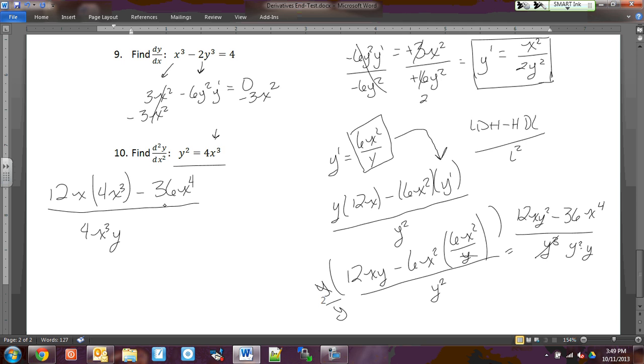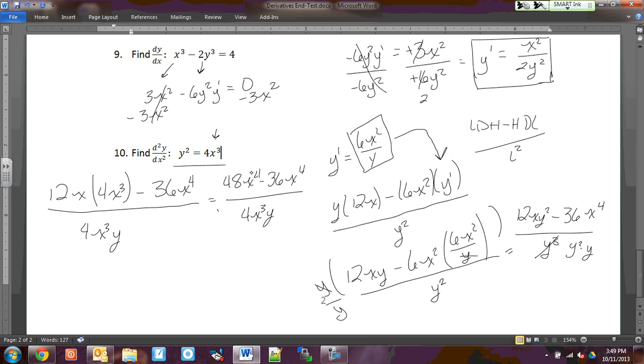Now let's do some multiplication. So 12 times 4 is 48. Why is my thing lagging so bad? Come on, little cursor. It'll start working right in a second. There we go. 48x to the fourth minus 36x to the fourth over 4x cubed y.